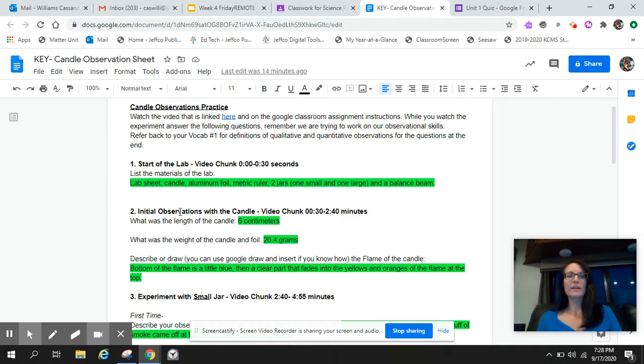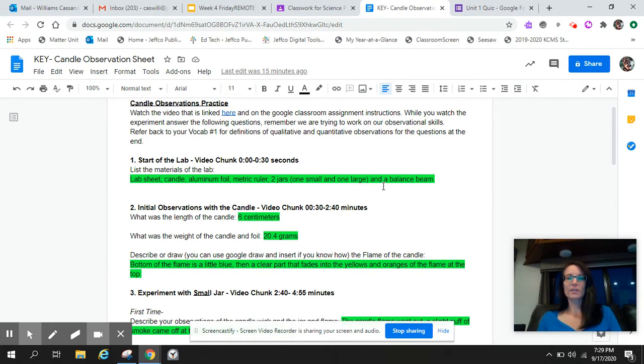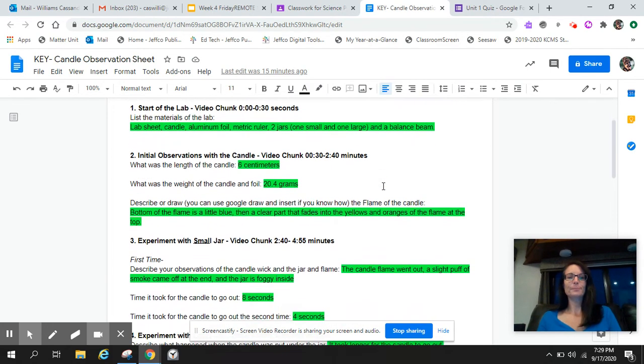You didn't have to write that. But definitely a candle, aluminum foil, a metric ruler, 2 jars, one small and one large, and a balance beam. So a balance beam, we discussed briefly in class, is a triple balance beam. It is used for measuring mass, which we might call weight in the regular world outside of science class.